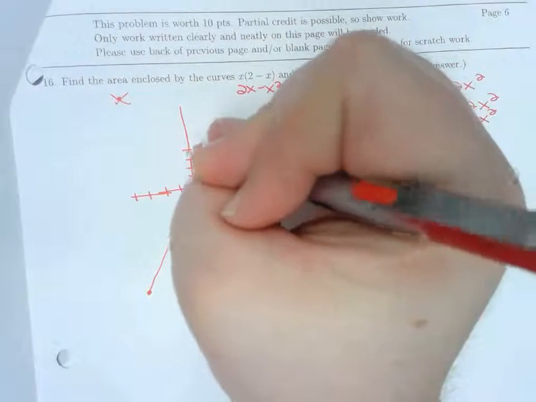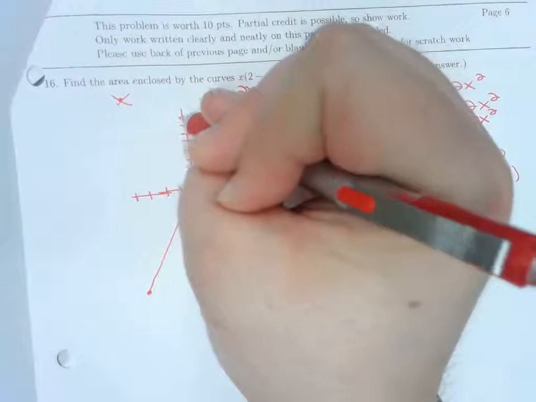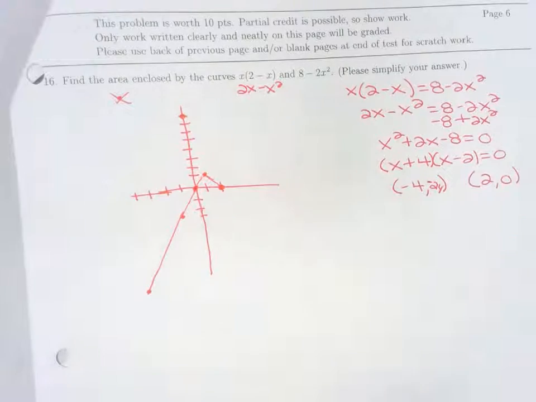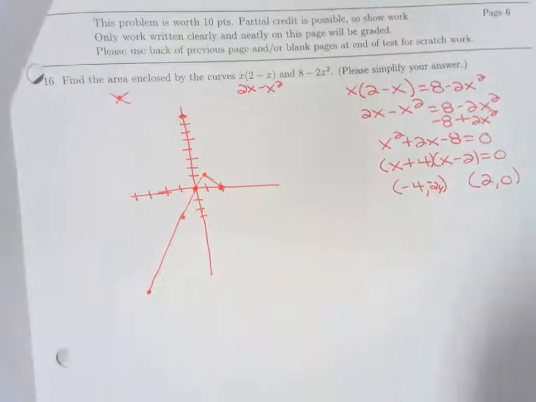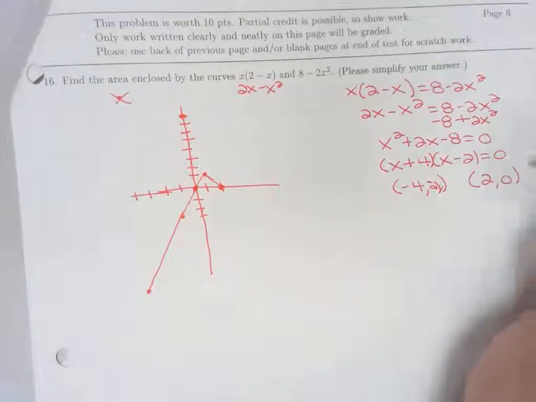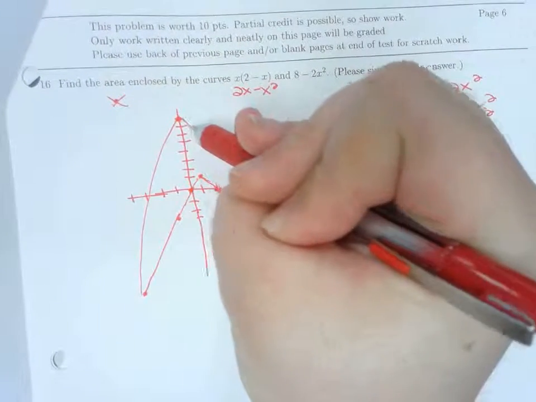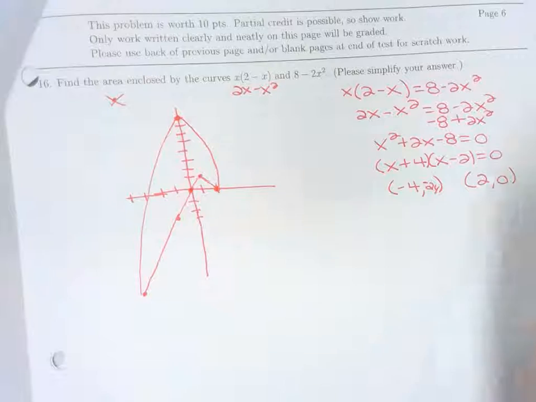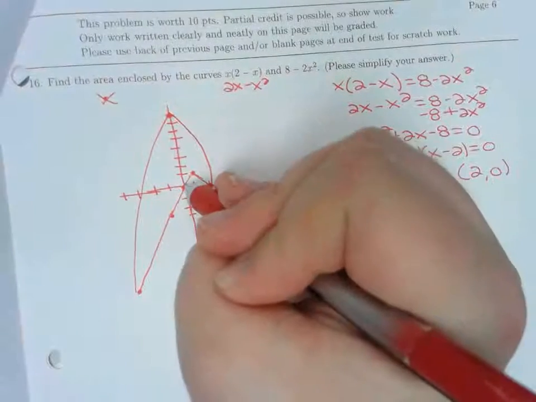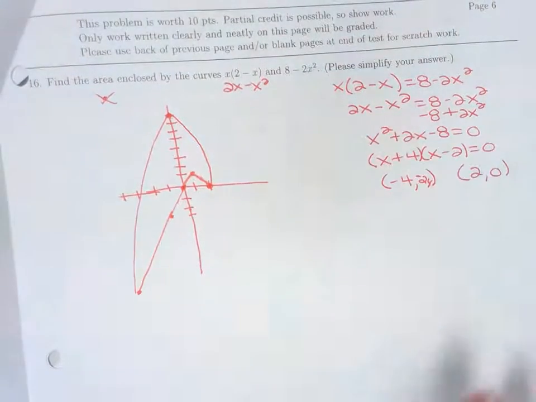So 1, 2, 3, 4, 5, 6, 7, 8. Just by that, I'm thinking 8 minus 2x squared will be above the other one, and I know it has to intersect there. So it looks something like this. Again, not a perfect graph, but I just needed to know which one was above and below. This would not be a V, this would be a curve, but whatever, it doesn't really matter.